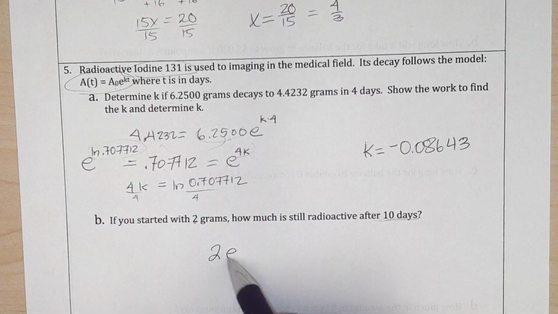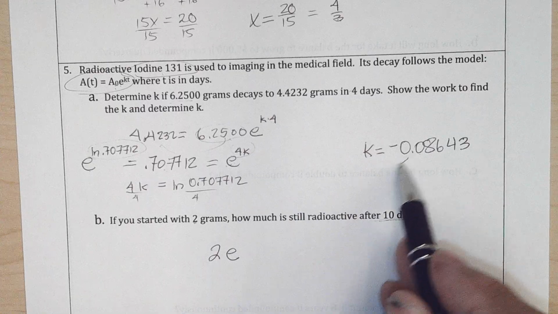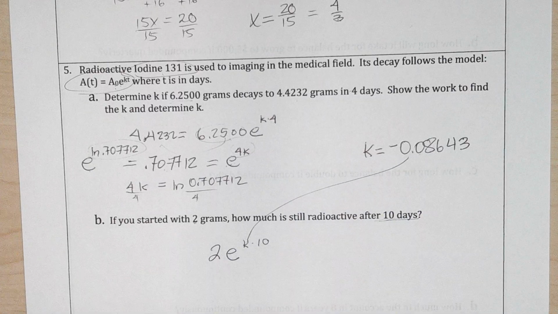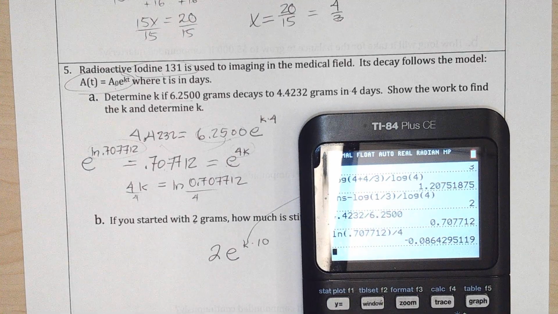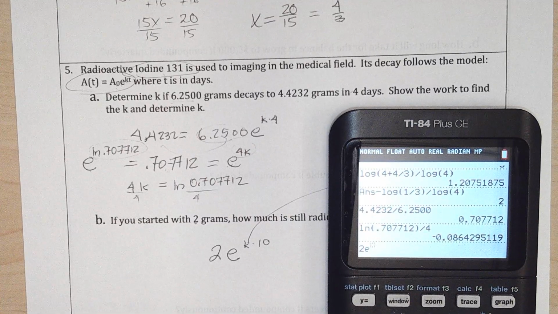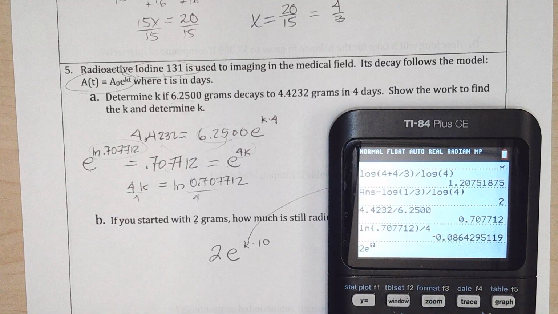e to the K, which we figured out is this K, times 10 days. So I got 2 e to the power of K, which is that last answer, times 10.